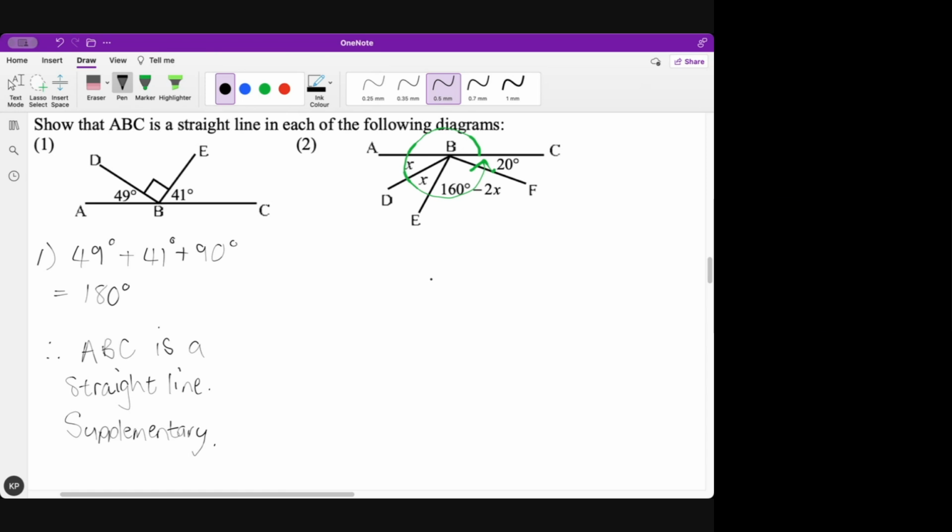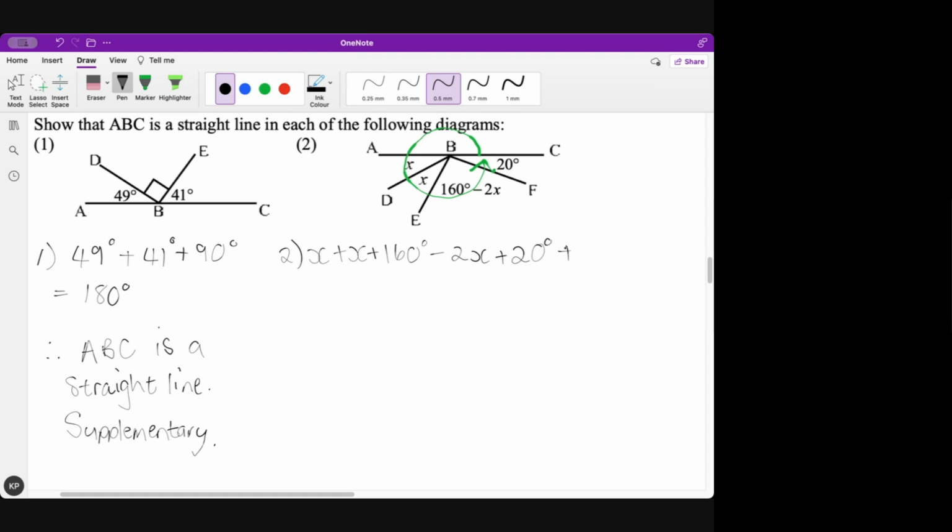We can't use the 180, so I'm going to use the 360. Do you guys see the vision? So instead of saying all of this equals 180, I'm going to say x plus 160 minus 2x plus 20 degrees plus what?